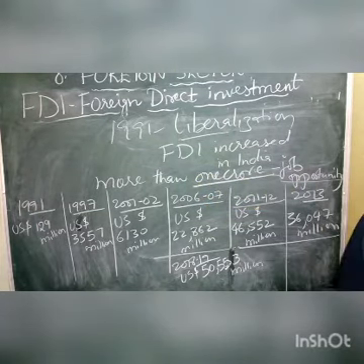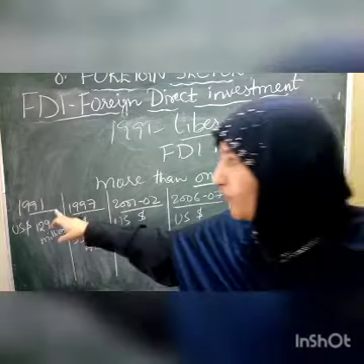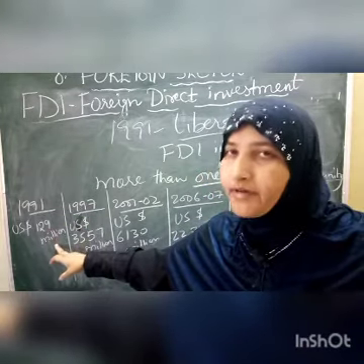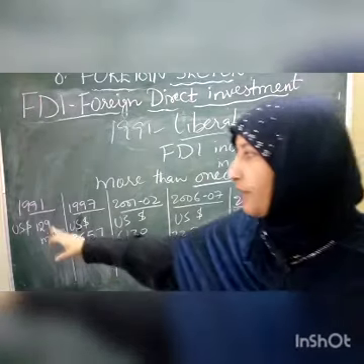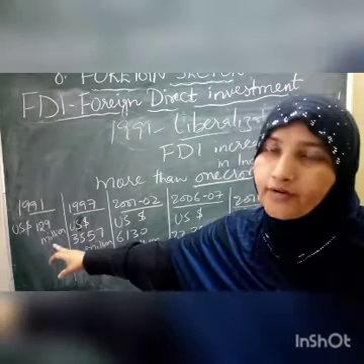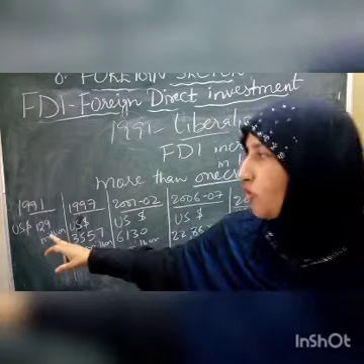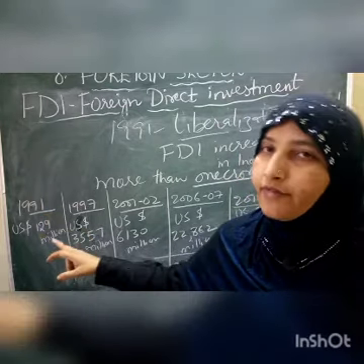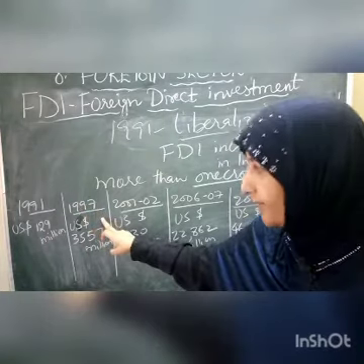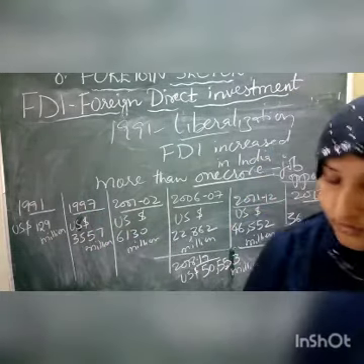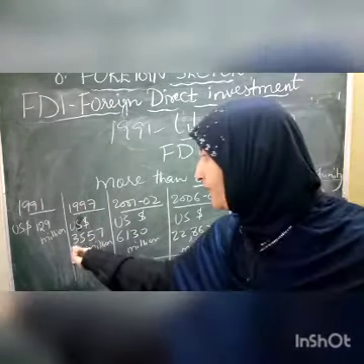Now, in the year 1991, the total foreign direct investment for our India, children, was US dollar 129 millions overall. That increased in the year 1997 to US dollar 3,557 millions.